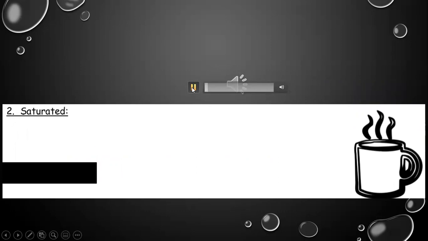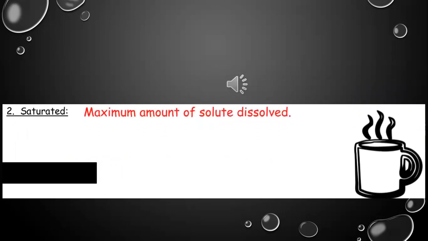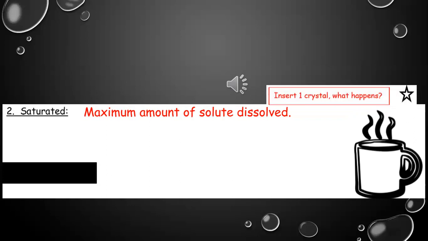So if we have a solution that has the maximum amount of solute dissolved, we're going to call that type of solution saturated. It's really hard to hit this perfectly, but if we had just the right amount dissolved, what would happen if we inserted an extra crystal? It would just go right down to the bottom and sit there.